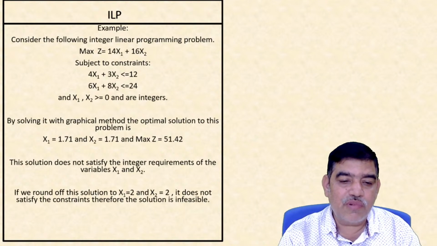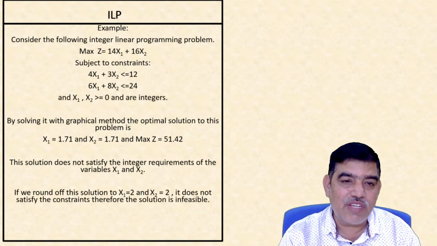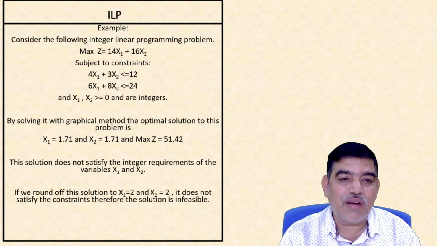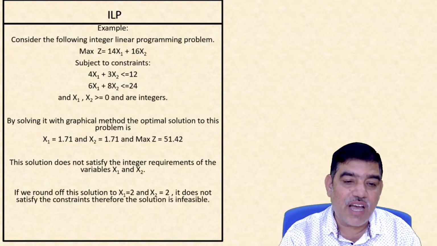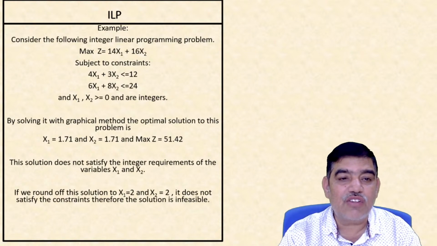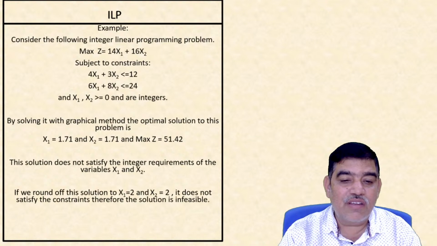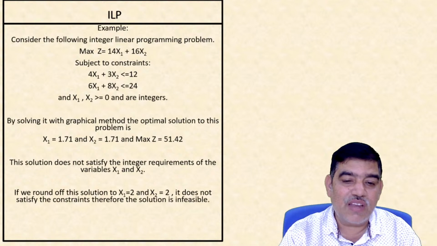If I consider x1 equal to 2 and x2 equal to 2 and put them in the constraint equations, it does not satisfy. 4 into 2 is 8, plus 3 into 2 is 6. 8 plus 6 is 14, and 14 less than or equal to 12 does not satisfy the condition. Again, if I put those values in the second equation, it does not satisfy the constraint. Therefore, the solution is infeasible.